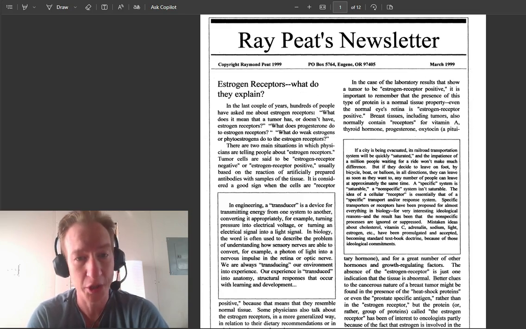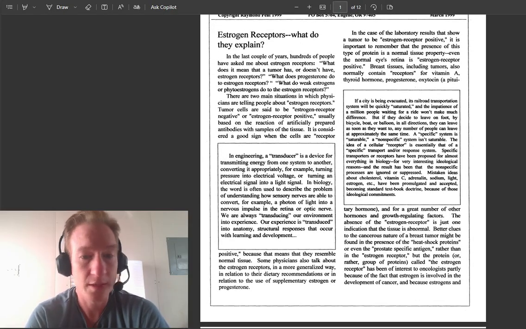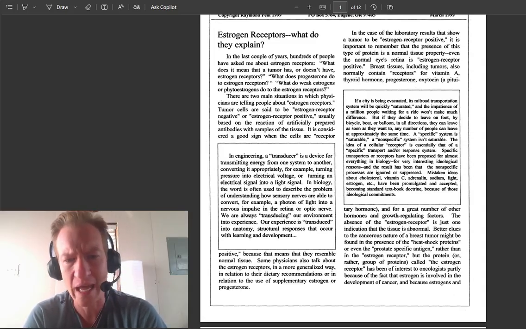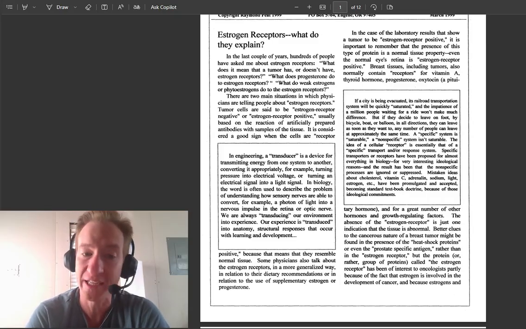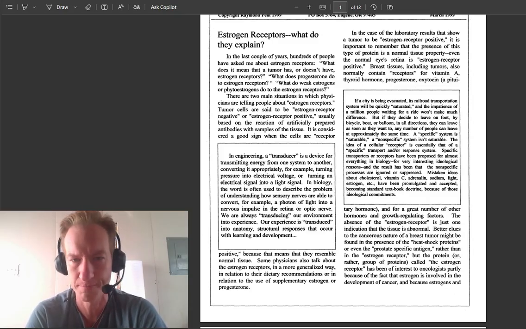It is considered a good sign when the cells are quote-unquote receptor positive, because that means they resemble normal tissue. Some physicians also talk about the estrogen receptors in a more generalized way, in relation to their dietary recommendations or in relation to the use of supplementary estrogen or progesterone.